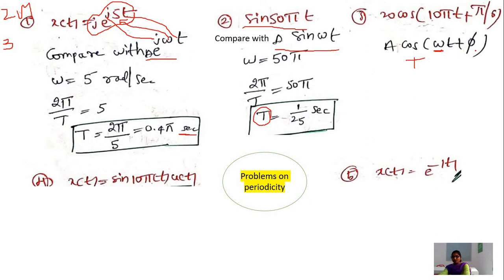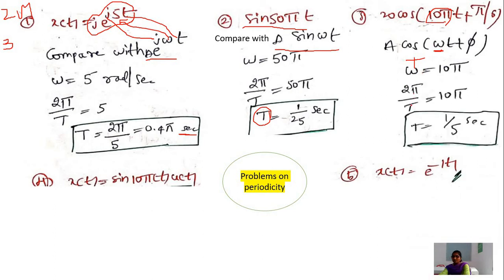Irrespective of phase, all the cos signals are periodic in nature. Periodic means it has to repeat again and again, with some standard shift. From this, omega value is 10 pi. Omega formula 2 pi by t is 10 pi. So t is equal to 1 by 3. This is the time. Next problem.